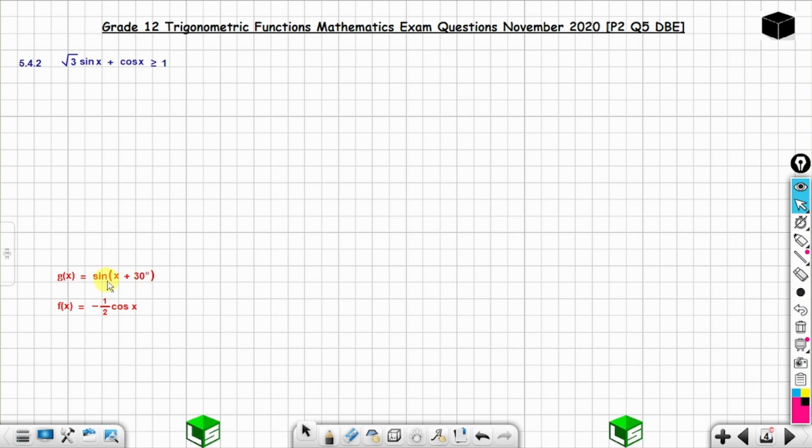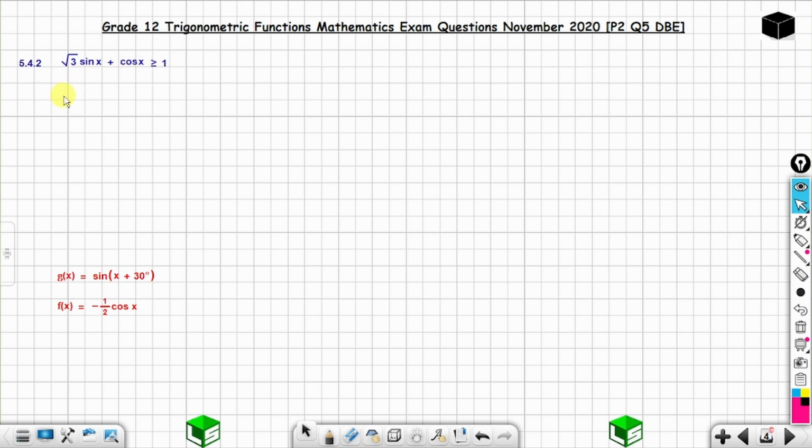I can try to divide by square root of 3 throughout so that I can cancel this, because I've got an invisible 1 in front of this. Or you can divide by 2. Can you see? You have 1 over 2 in front of cos, but here you have 1 in front of cos. You can divide by 2 so that you have 1 over 2 in front of cos. So let's try to divide by 2 throughout.